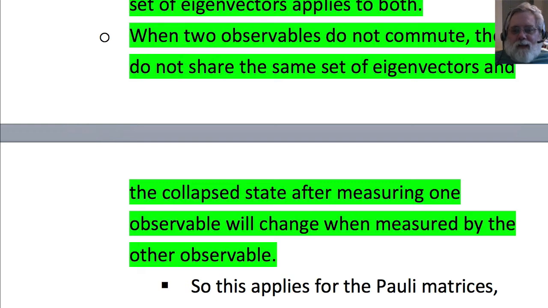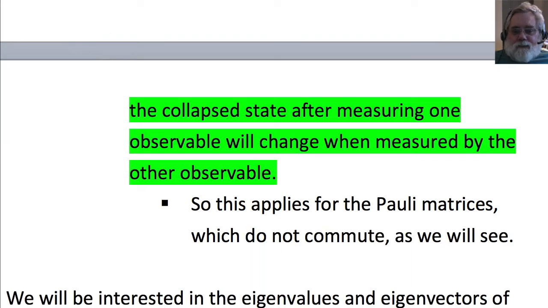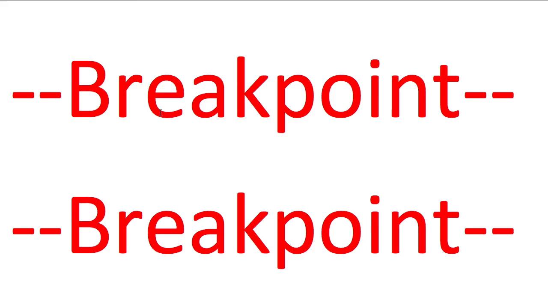Not commuting means that measuring either after the other will change the system. It's part and parcel of what not commuting means. We're going to see this applies for the Pauli matrices. They do not commute. And that is important. This is a possible time to take a break.